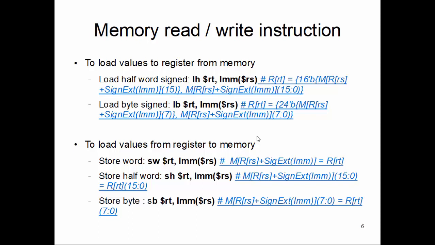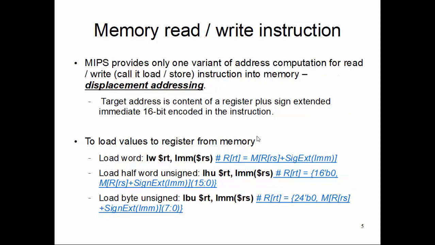Let's try to understand what signed half word means. First of all, I cannot blindly, as I did for load half word unsigned and load byte unsigned in the previous slide, put zeros onto the upper half, the 16 bits or 24 bits, because it's unsigned.